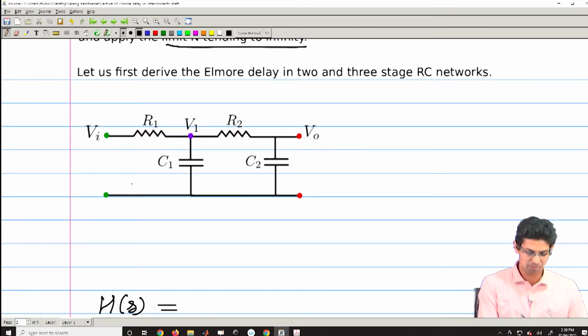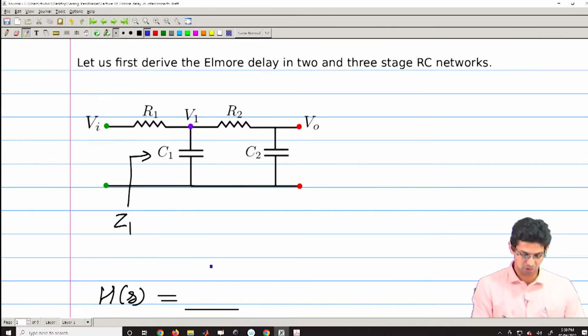Here it becomes easier if I define an input impedance like this, Z1, and I have also defined a voltage V1 here.